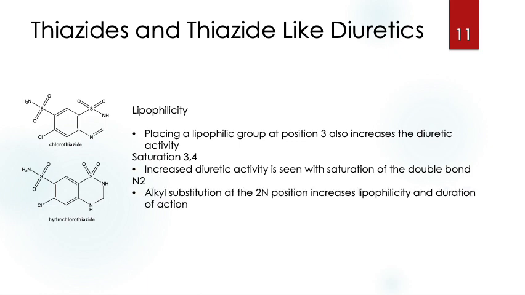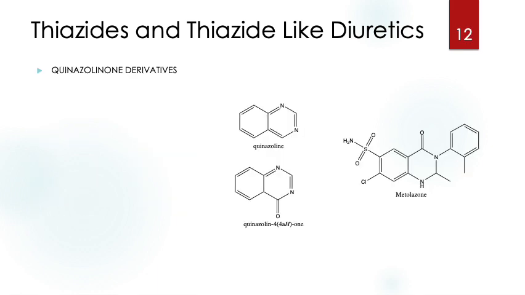As far as the N2 position is concerned, when you have alkyl substitution at the N2 position, that also increases lipophilicity and the duration of action. So if you were to put an alkyl group substitution here at that N2 position, that will increase lipophilicity and duration of action. Okay, now let's continue working with this here.